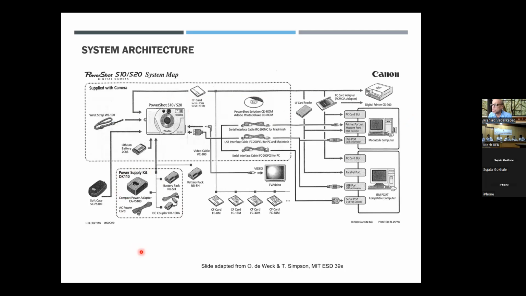This is very old. This is a PowerShot from Canon. When they tried to come up with this PowerShot long back, they tried to see how compatible it is with the rest of the products that already exist and what kind of connectivity is required, whether it is a Macintosh computer, IBM PC, or television, and what kinds of codes are required.